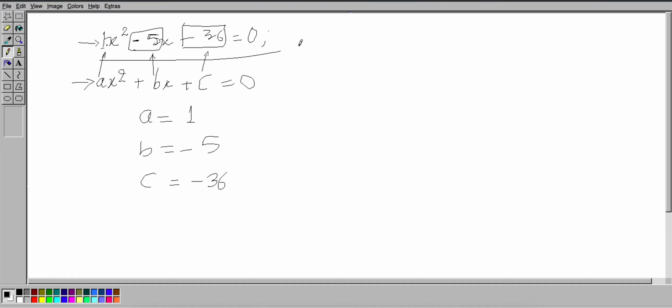And the famous formula for resolving the quadratic equation is, let me write it in red color.